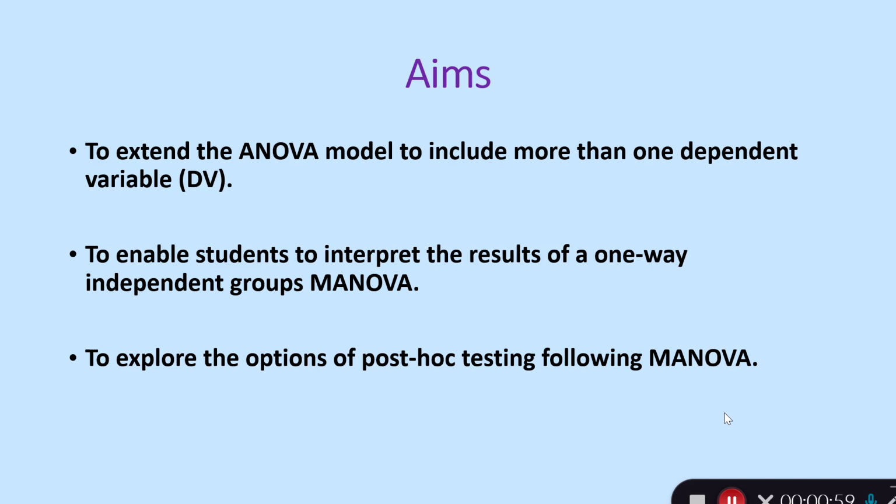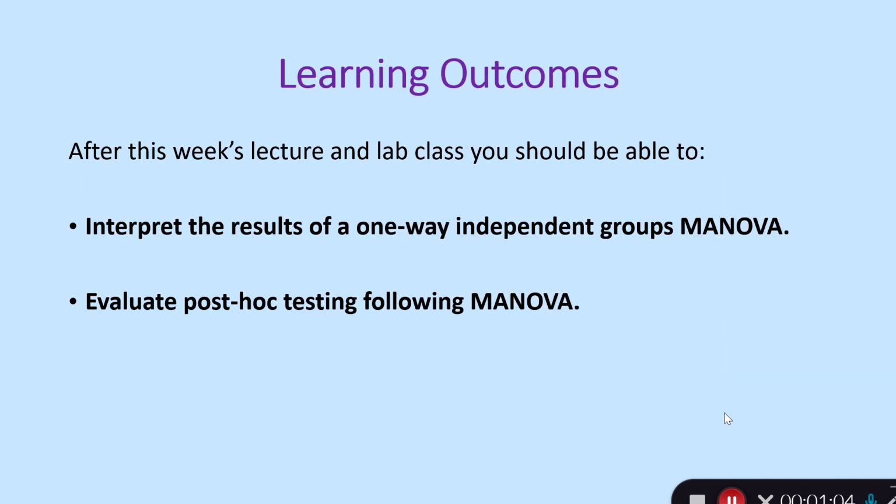And then we're going to explore the options for post-hoc testing following a MANOVA where we might have got a significant result. At the end of this week, after the lecture and lab, you should be able to interpret the results of a one-way independent groups MANOVA and evaluate post-hoc tests following a MANOVA. We're only going to focus this week on a one-way independent groups MANOVA.